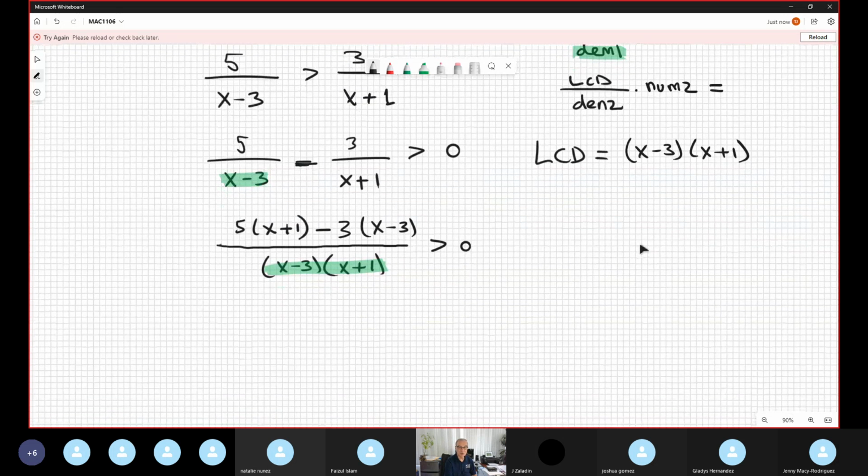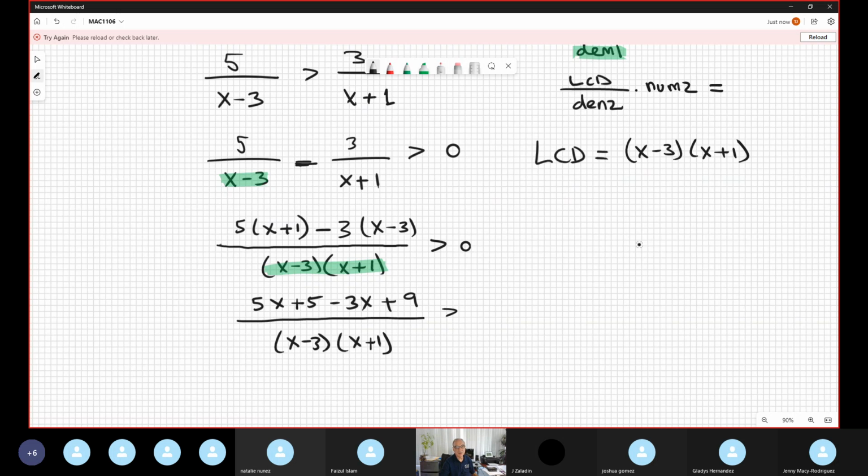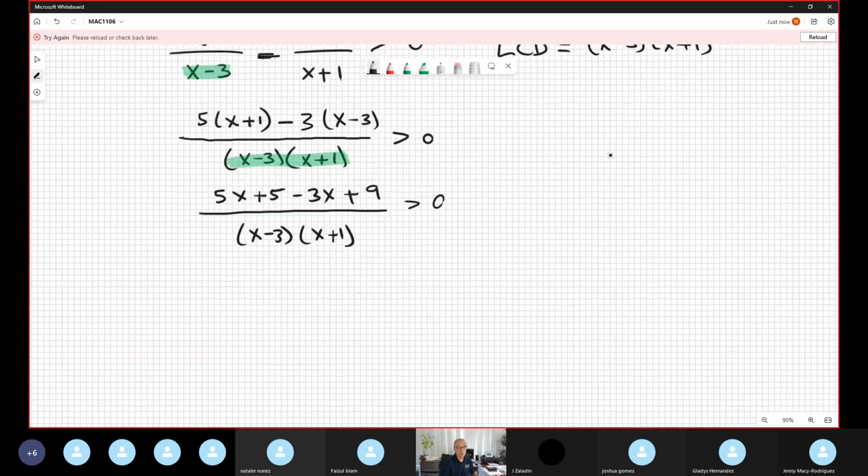Okay, now distribute and combine. When you distribute, we have 5x plus 5 minus 3x plus 9 over x minus 3 times x plus 1, greater than 0. And we combine. How do we combine? Well, 5x minus 3x is 2x, and 5 plus 9 is 14, no?